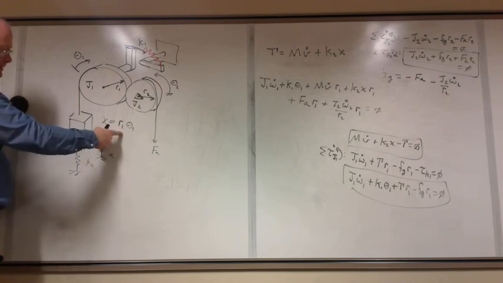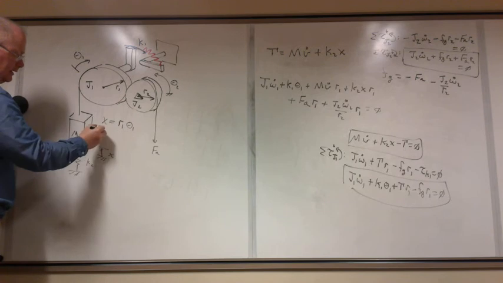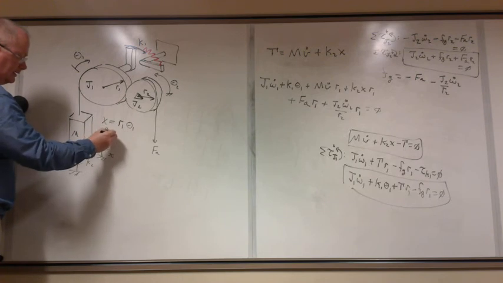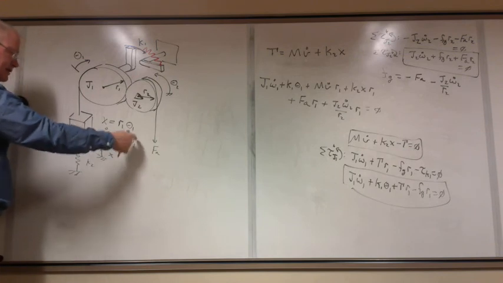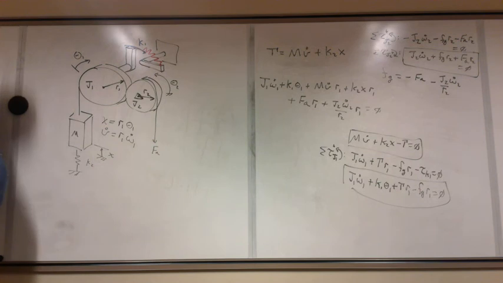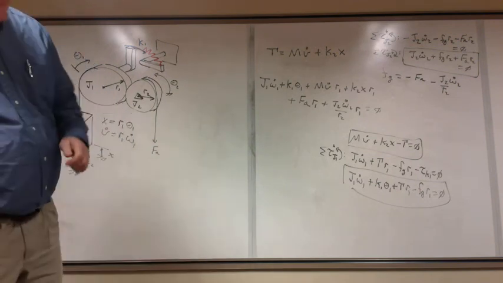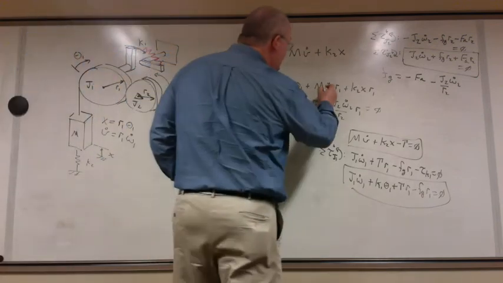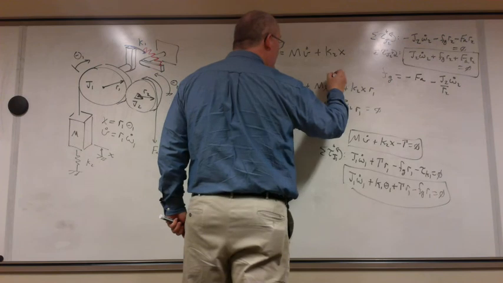Because that relationship exists, we can also say that v is equal to R1 omega 1, and v dot, my mistake, is equal to R1 omega 1 dot. This is the second derivative of that expression. So we can replace over here this m v dot with, what did I just say, an R1 omega 1 dot.